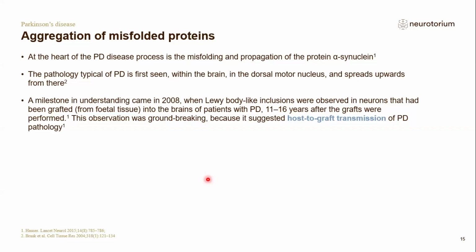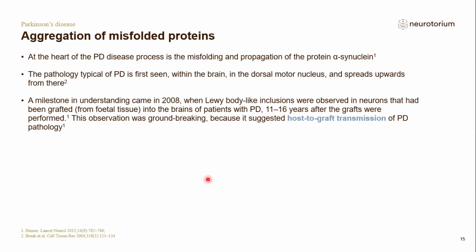And what we also need to know is that there was a study that was done. They transplanted fetal dopaminergic neurons in patients who had loss of neurons in the substantia nigra. And because these patients already had Lewy body-like inclusions, they found that over time, 11 to 16 years after the transplant, these patients continued to deteriorate.